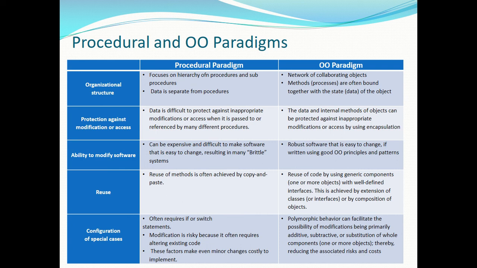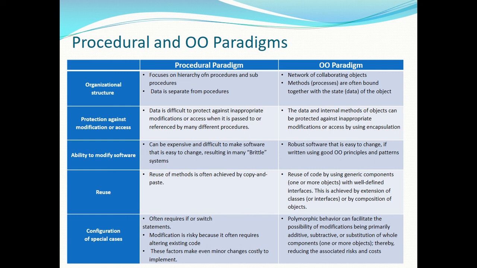For the protection, procedural language has less protection because there is no access modifier in it. But object-oriented programming has more protection because each object has a boundary and its data and its operations inside it, and it needs an access level to access these data or operations inside that object.